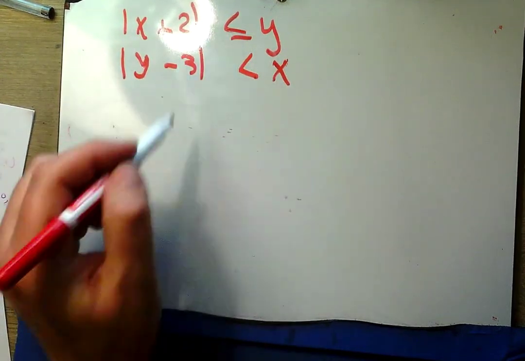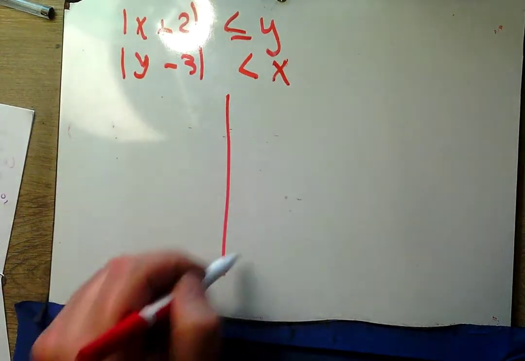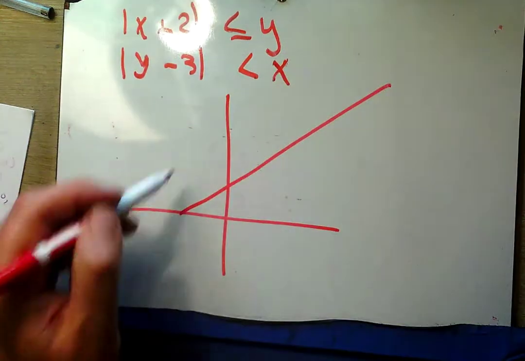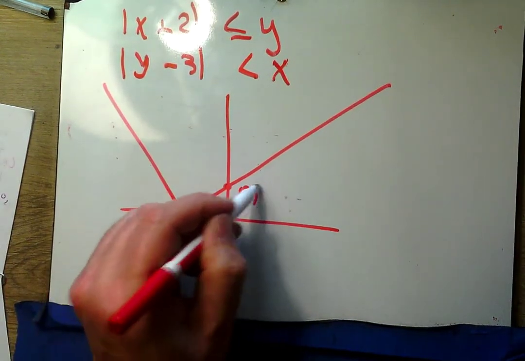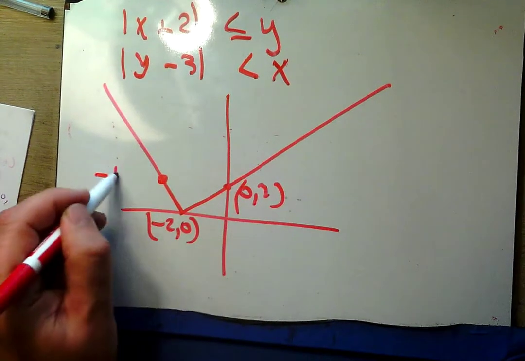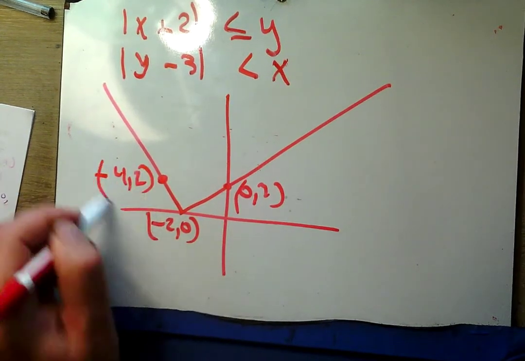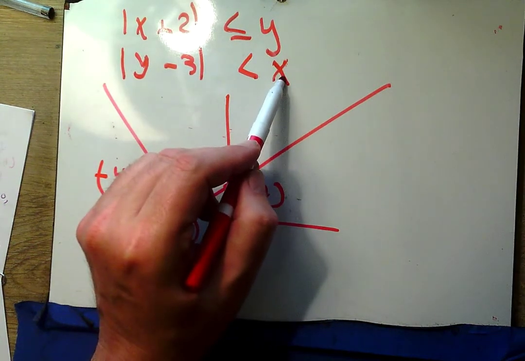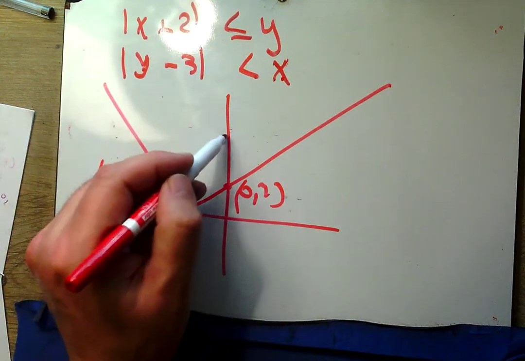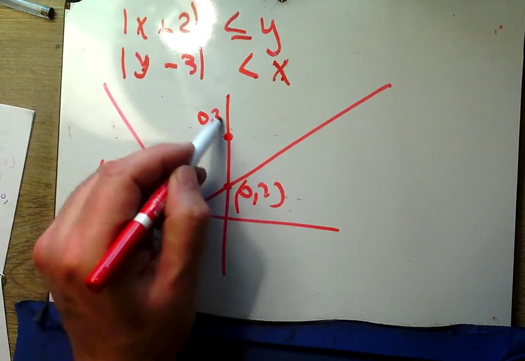Here, we definitely have our absolute value V shifted left 2. So we know that this is negative 2, 0, this is 0, 2, and this is negative 4, 2. And here, when I plug in a 0 for x, I see that y equals 3, so 0, 3.